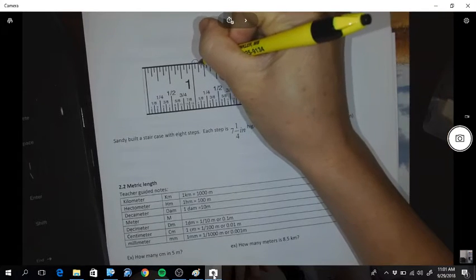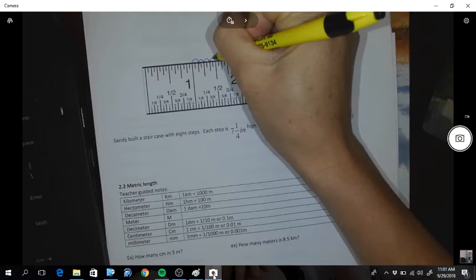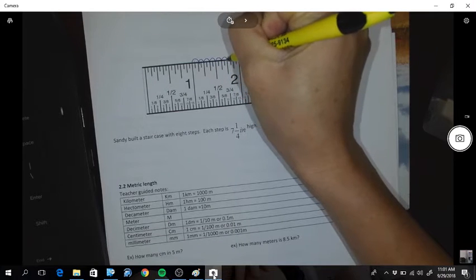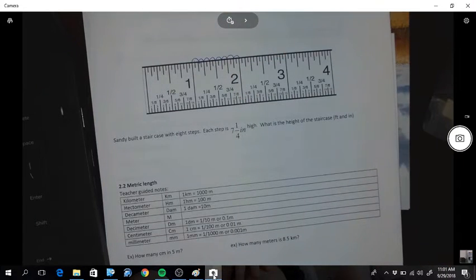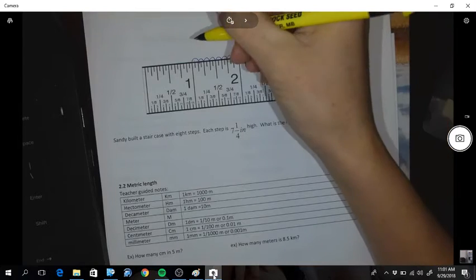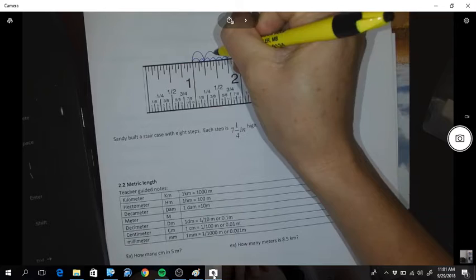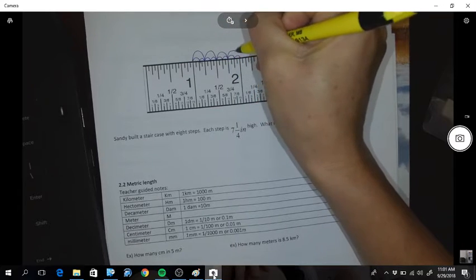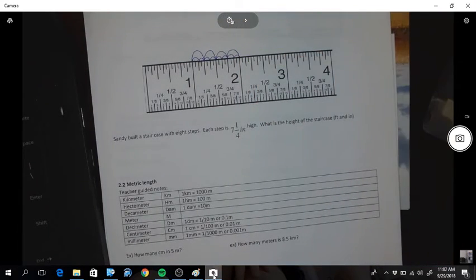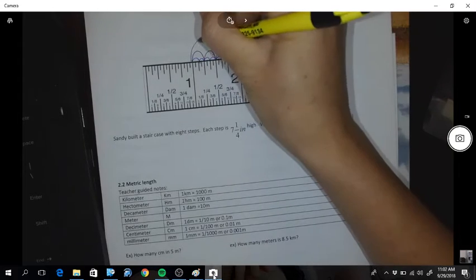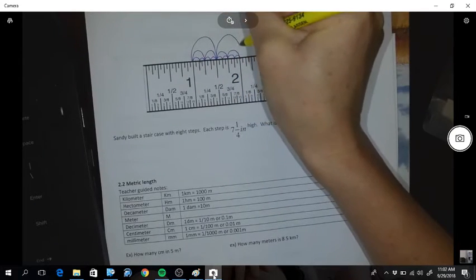Every second line you see would be considered an 1/8. Okay, so those are 1/8. Every fourth line you consider to be quarters. So 1, 2, 3, 4. And then you would see every second line would be halves.